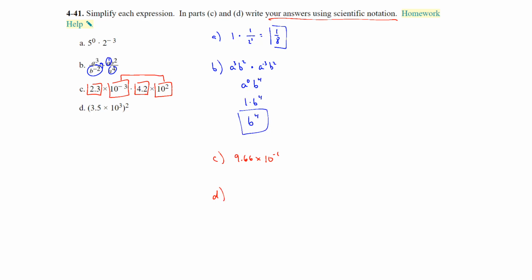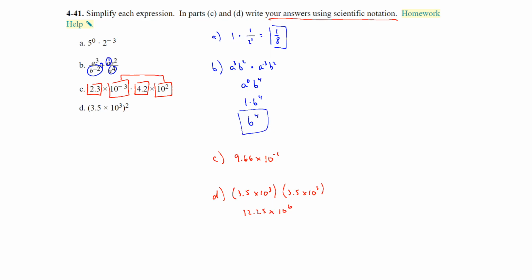On D, we have 3.5 times 10 to the third times itself. So once again, we'll take the 3.5 times the 3.5, and we get a value of 12.25 times 10 to the 6, because you're going to add your exponents.